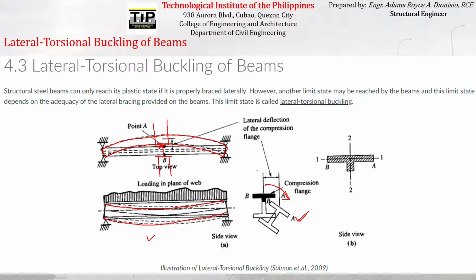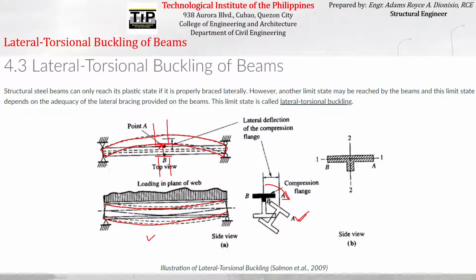So for checking of lateral torsional buckling of beams, what we are usually concerned with is the unbraced length of the beam. We must provide lateral bracing in such a way that there will be adequate unbraced length with respect to the length of the beam.